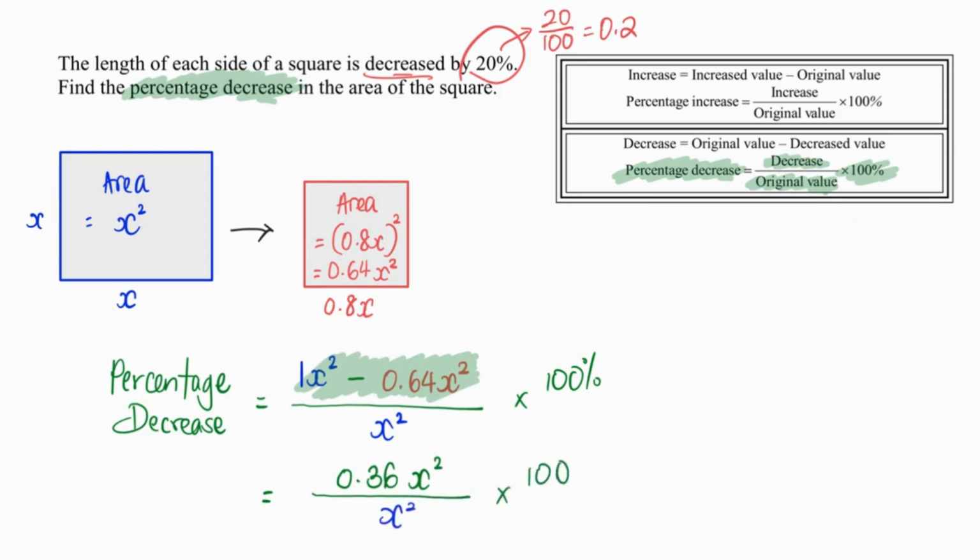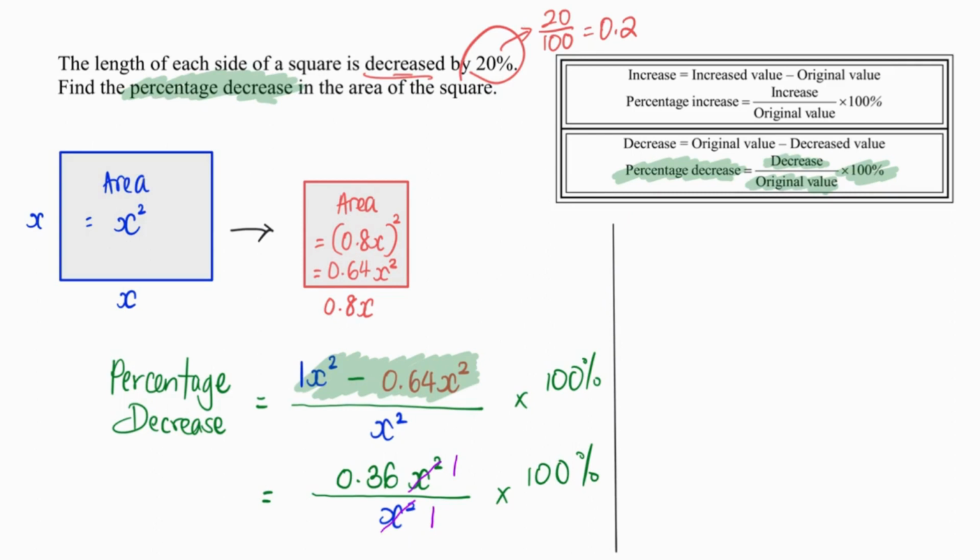times 100%. And at this point, I hope you guys can see that we could actually divide off the x squared. X squared divided by x squared will be equals to 1.